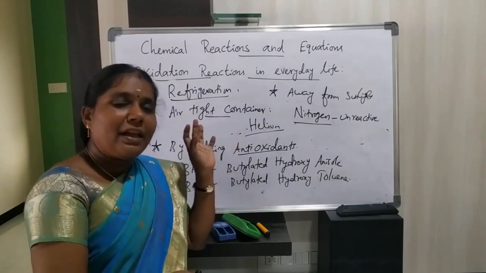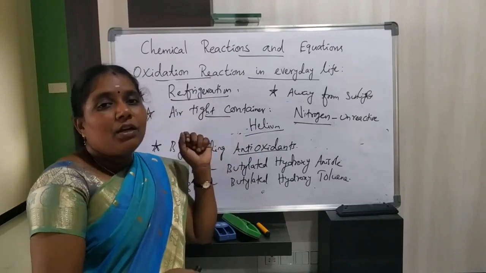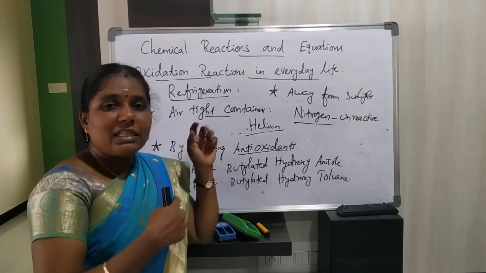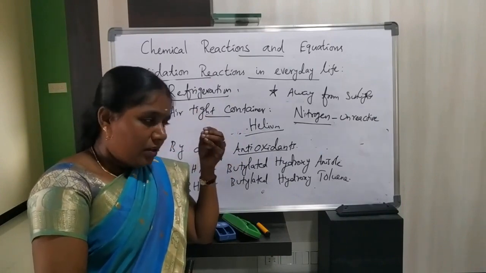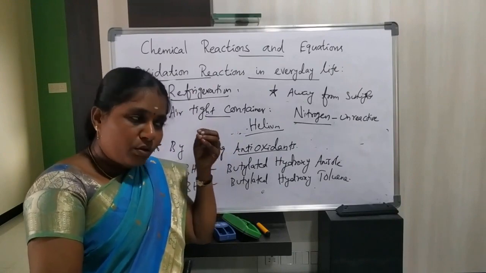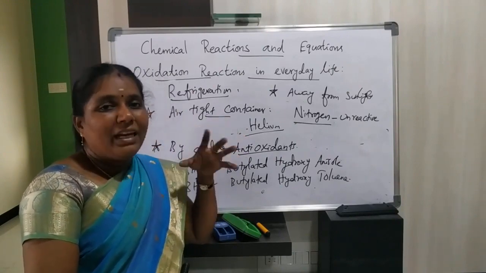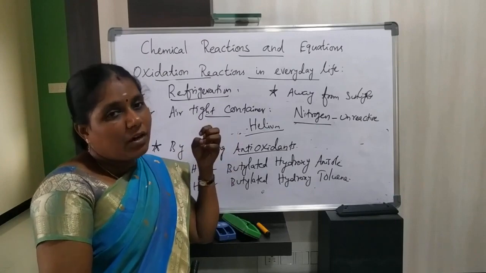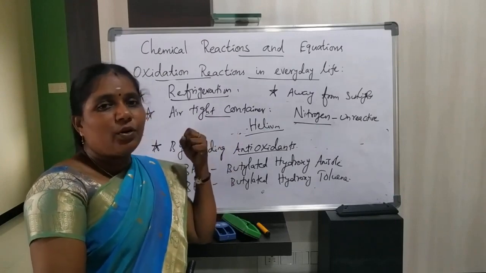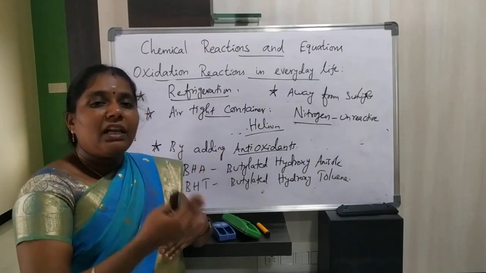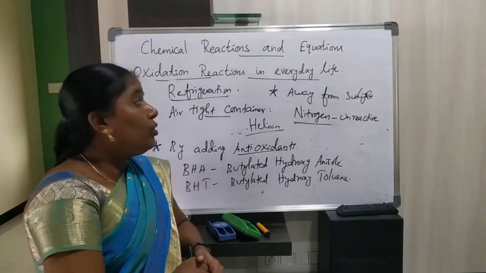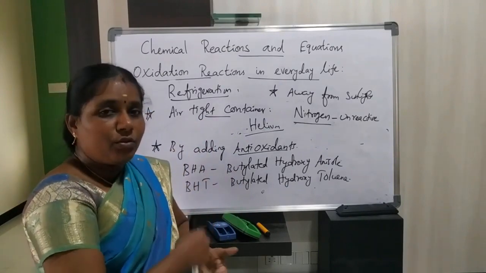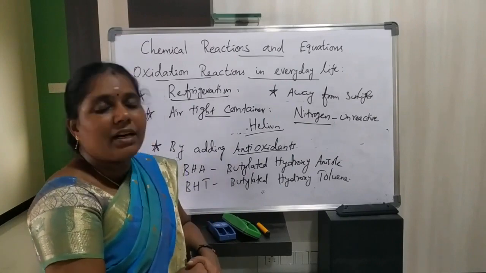To prevent this process, on iron objects we have to do painting and oiling, greasing and alloying, and the galvanization process. This way we avoid rusting on iron and steel objects. So one of the best examples of corrosion that we have discussed is rusting.